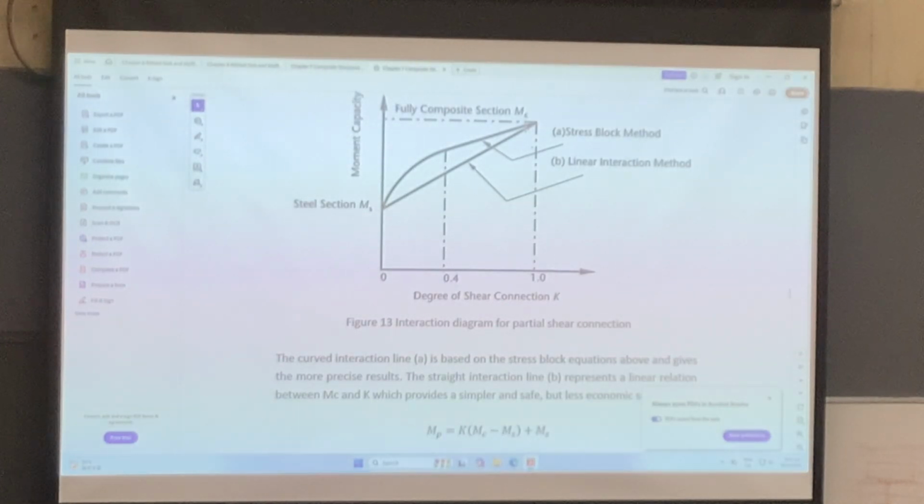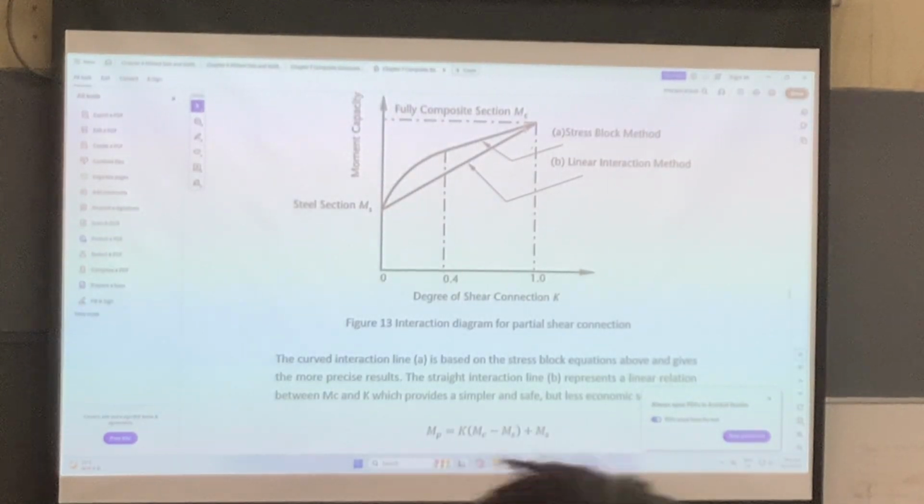This one is very simple. This one actually is MC. This one is MS. So when you have full, you have this one here. When you have none, it is here, you just draw a straight line.